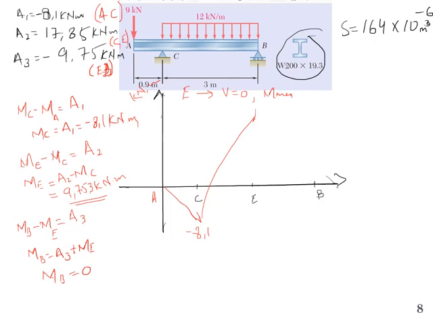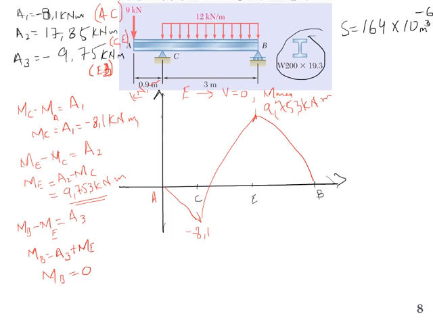So from here to here, it will be a curve, not a straight line, and the maximum bending moment value is 9.753 kilonewton meter.